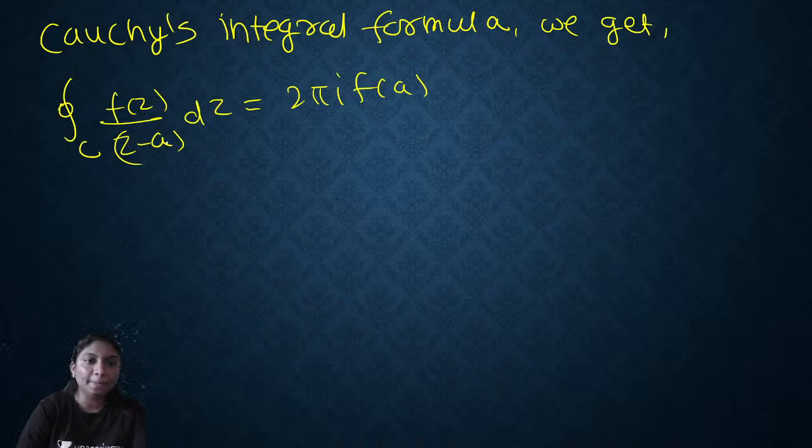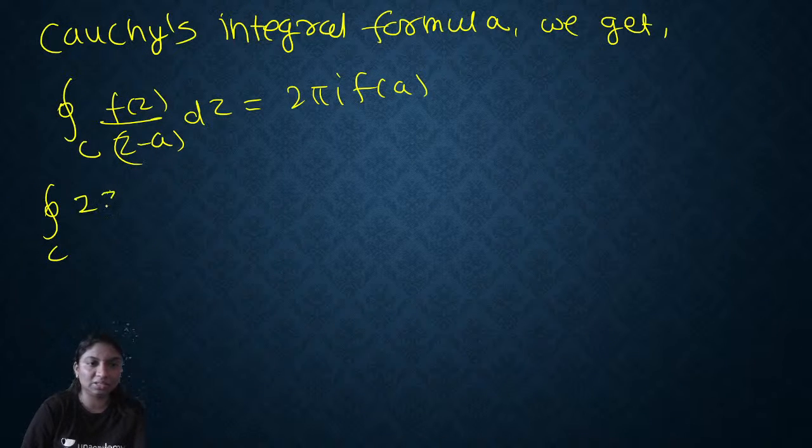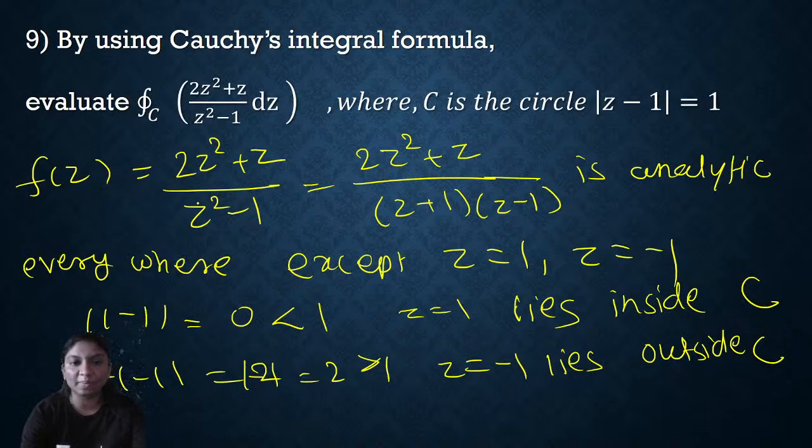But here, if you look, what is our f of z? It is 2z square plus z upon z square minus 1, but which point lies inside the curve C? So z is equal to 1 lies inside the curve C, right?